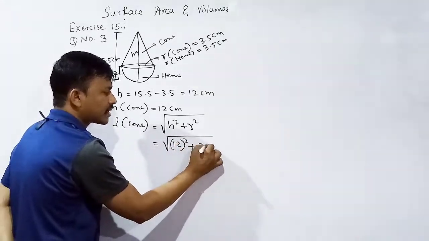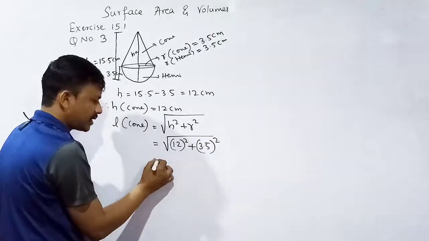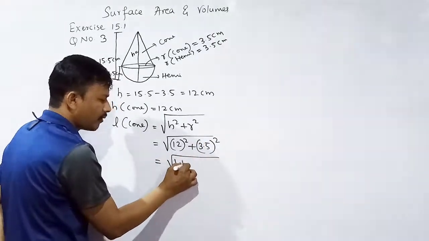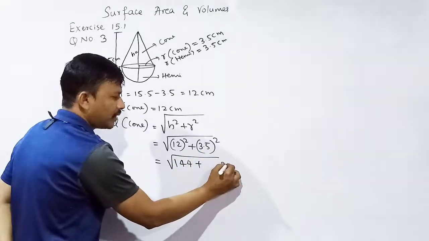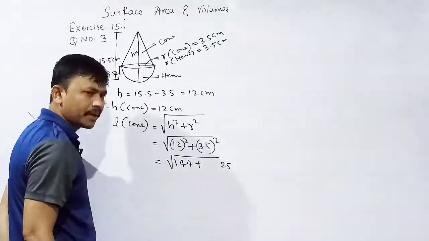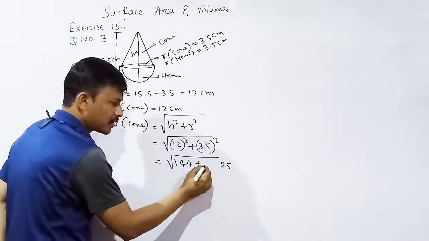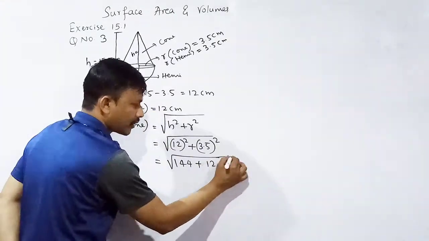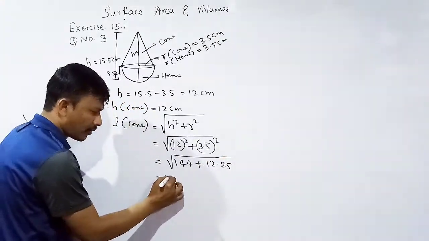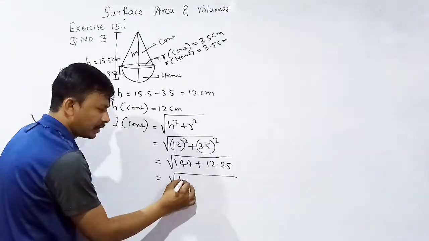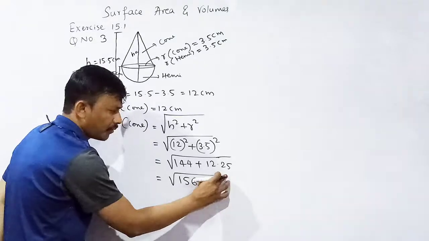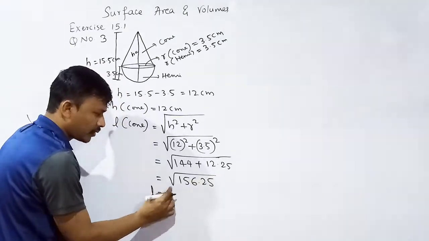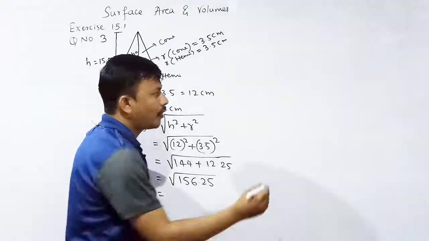What is the radius? 3.5 square. This is equal to 12 12s are 144, 3.5 square is 12.25. After adding, under root of 156.25. L is equal to, what is the value?